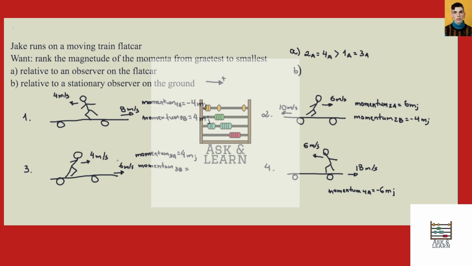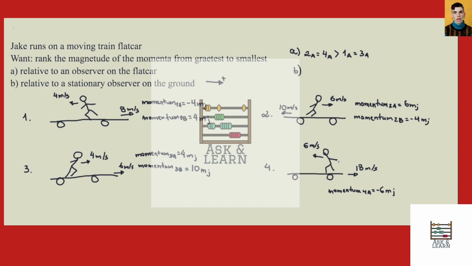Therefore, the final velocity of someone watching from the outside is going to see Jake moving at 4 meters per second plus 6 meters per second, with a total of 10 meters per second. Therefore, they're both on the positive, then 10 mj is the momentum for this part B on situation 3.